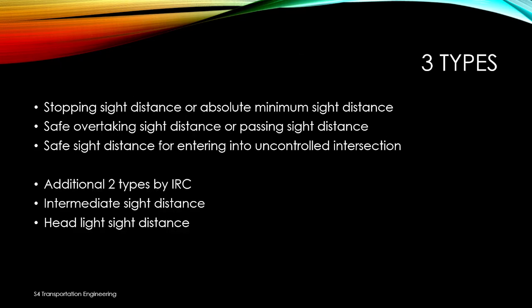There are mainly three categories of sight distances: stopping sight distance or absolute minimum sight distance, safe overtaking sight distance or passing sight distance, and safe sight distance for entering into uncontrolled intersections. The Indian Roads Congress has provided two more kinds of sight distance, which are intermediate sight distance and headlight sight distance.